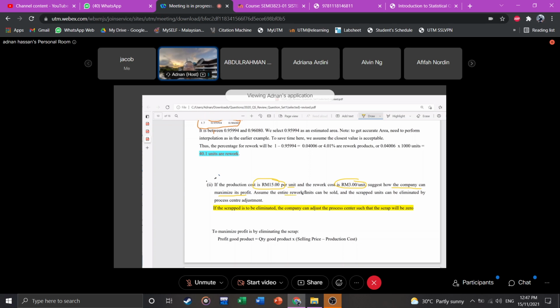Assume the entire rework unit can be sold and the scrap can be eliminated by process center adjustment, such that scrap will be 0.